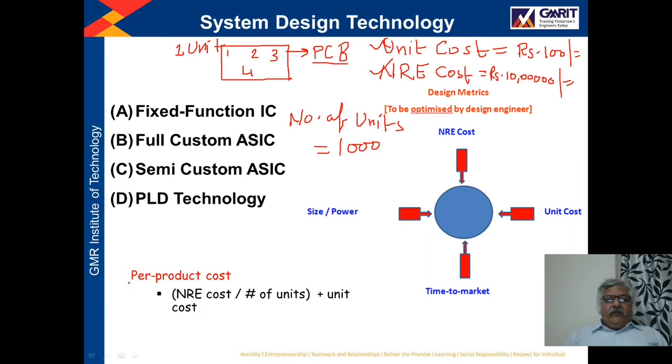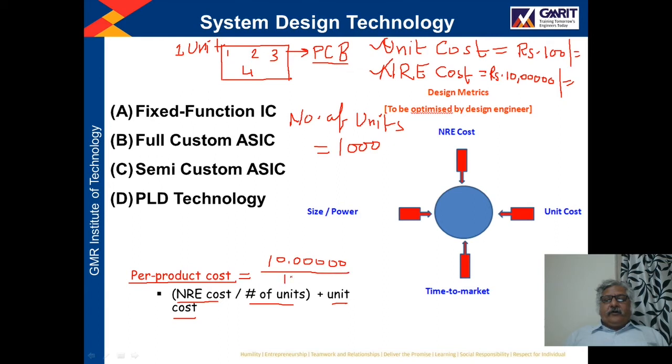So the formula for finding out the cost per product is NRE cost divided by number of units plus unit cost. So for cost per product here, the NRE cost is 10 lakh, divided by the number of units.